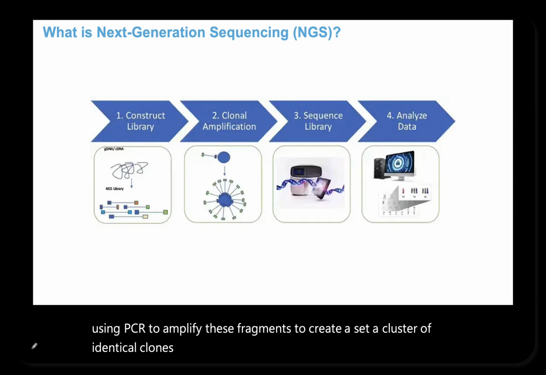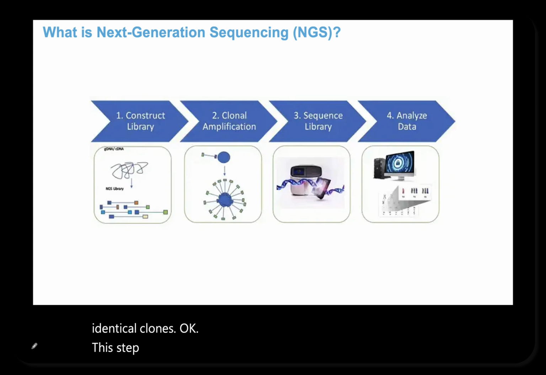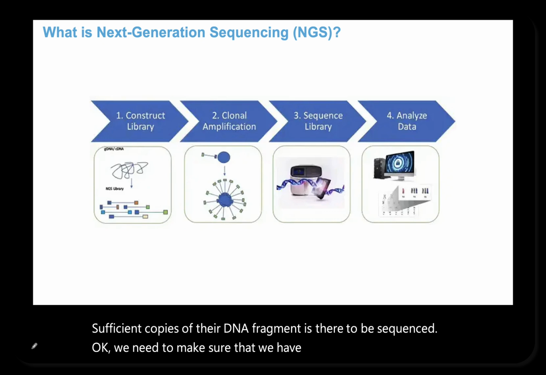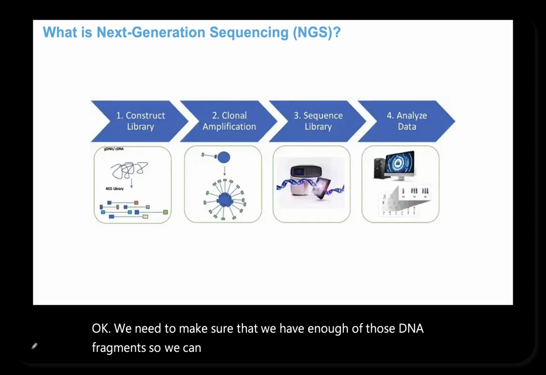Okay? This step is very fundamental because it ensures that sufficient copies of the DNA fragment are there to be sequenced. Okay? We need to make sure that we have enough of those DNA fragments so we can detect them.